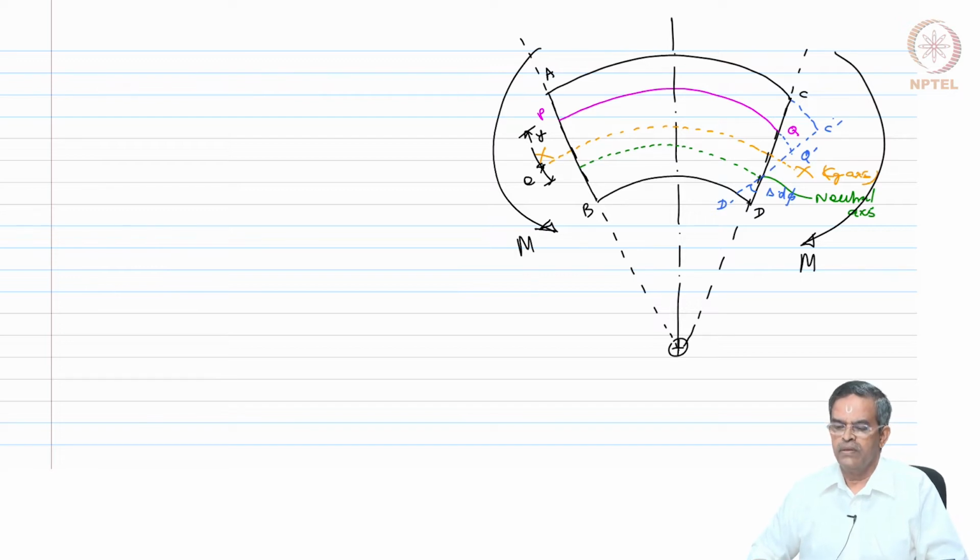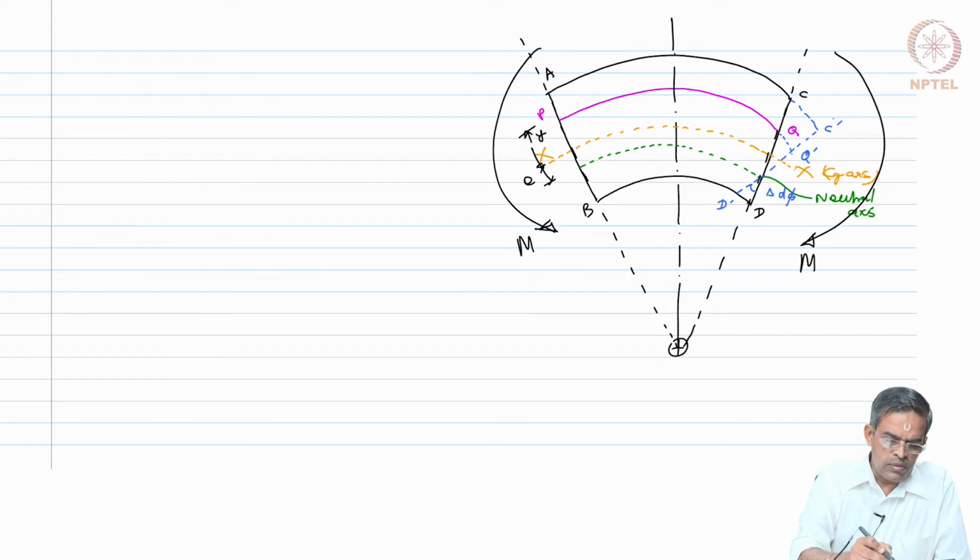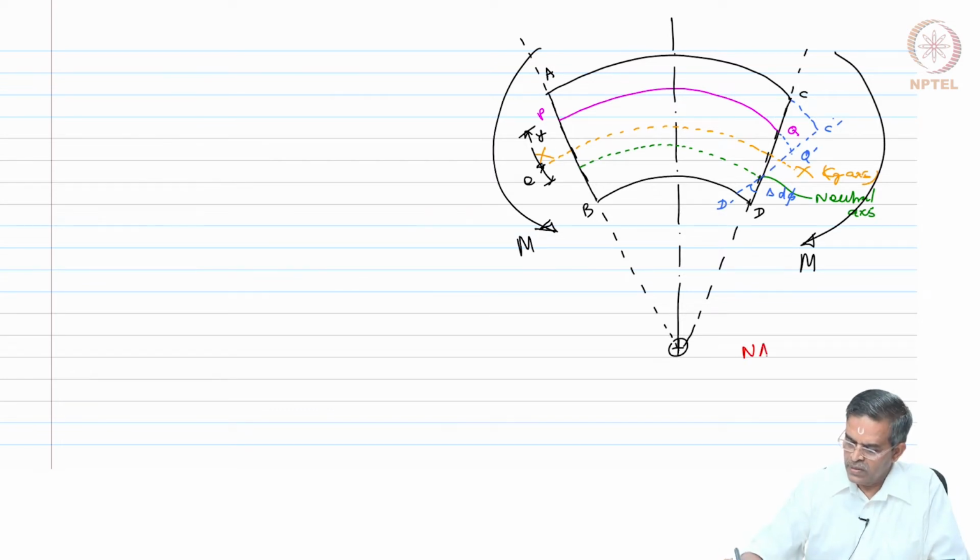Okay. So, now D is shifted to D dash, and let us note neutral axis is shifted towards the center of curvature.